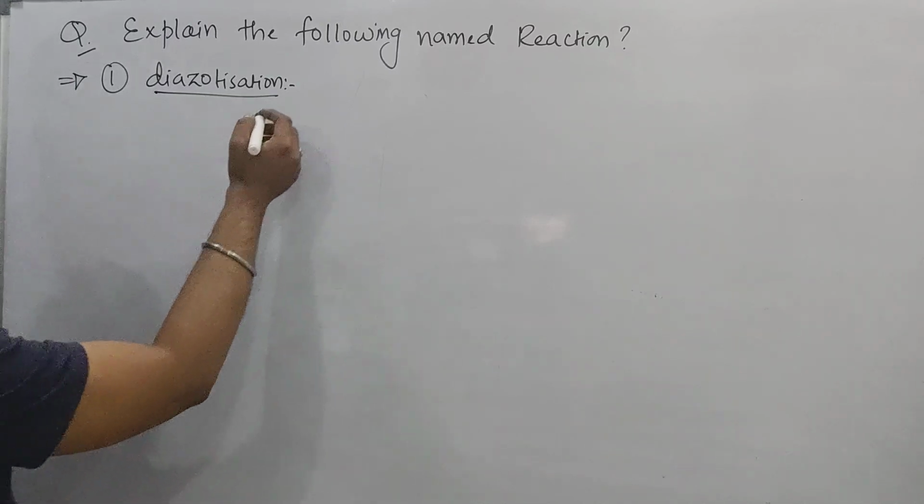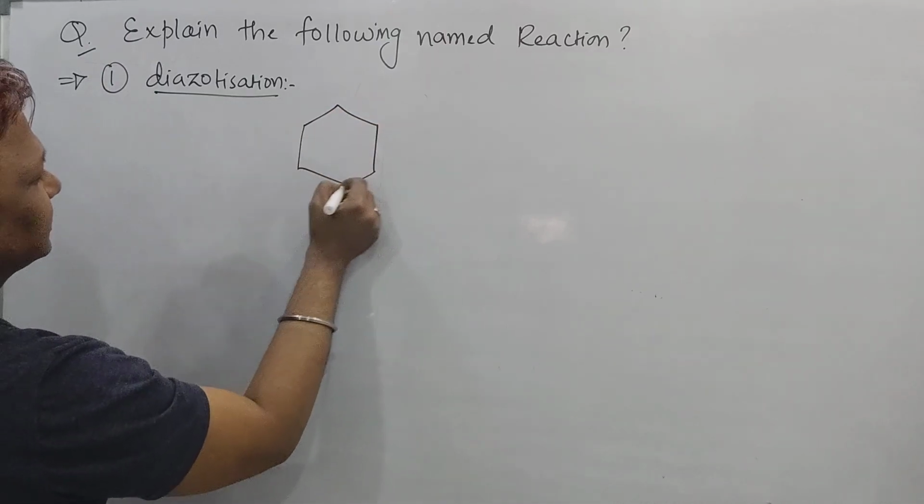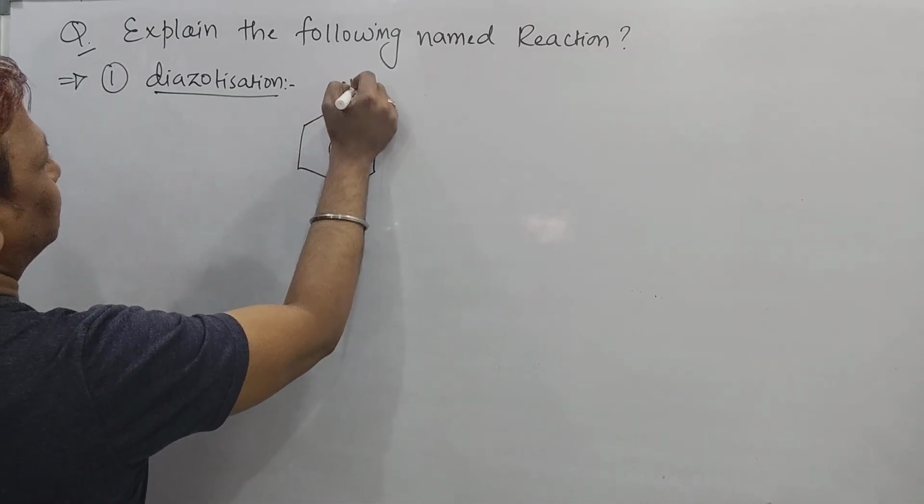Let me give an example. Diazotization means you should have an aniline, a benzene ring bearing an NH2 group.